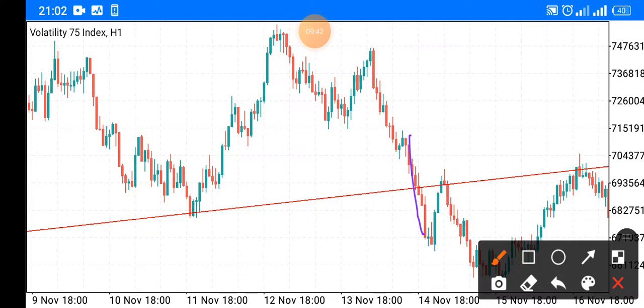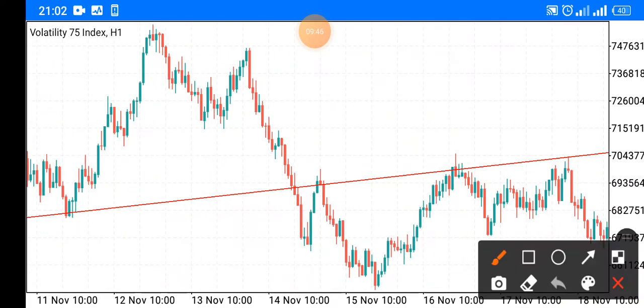Then price decides to pull back to the trend line again. So on this one we would have gotten about 4 entries.